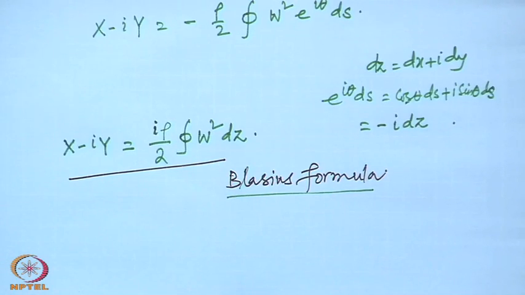A similar formula is also present for moment, but right now we will not do it. Now, considering the general complex velocity, in any case the complex velocity of any flow problem, as long as it is two dimensional ideal flow, will be given by this expression.